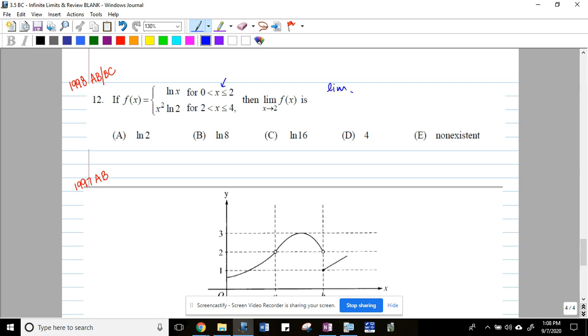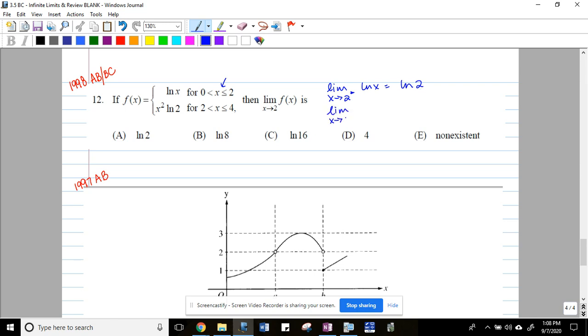Now, do I have to write my notation and stuff? No, but I'm just trying to describe what I'm doing for you. Like multiple choice, the amount of work you show is up to you. Approaching 2 from the left into natural log x is equal to natural log 2. So the left-handed limit is natural log 2.